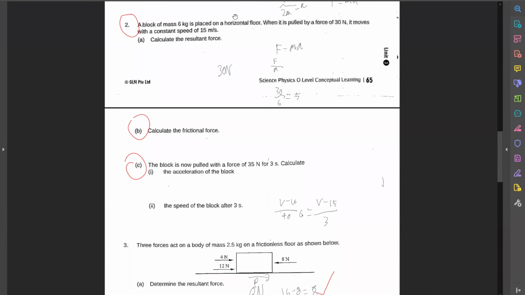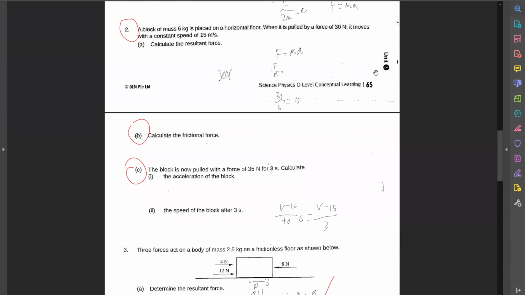Because resultant force is 0. So I have to redraw that diagram. Okay, so just now it was like this, and it's being pulled by a 30 Newton. Then the friction is 30 Newtons. Okay, so friction does not change.